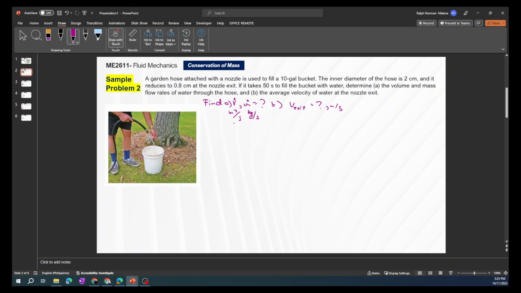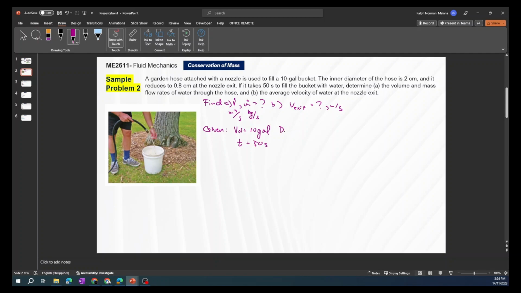Okay, so let's state muna yung given natin. So first things first, we have already a volume. So volume, just going to put it that way. So that's 10 gallons, and we have time t at 50 seconds.